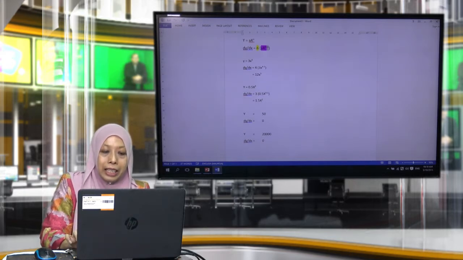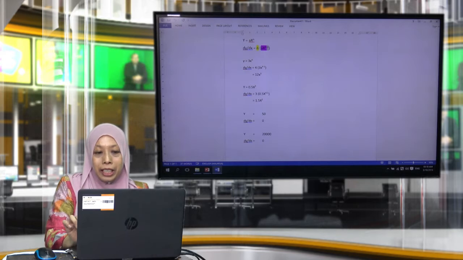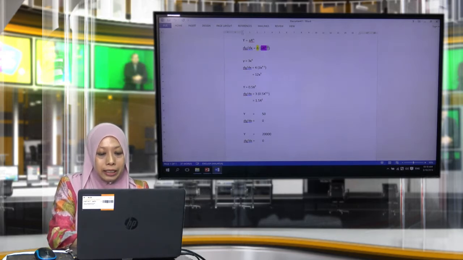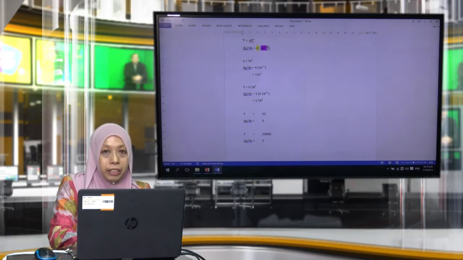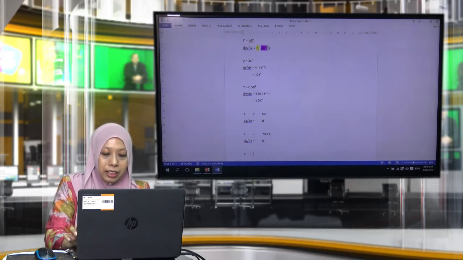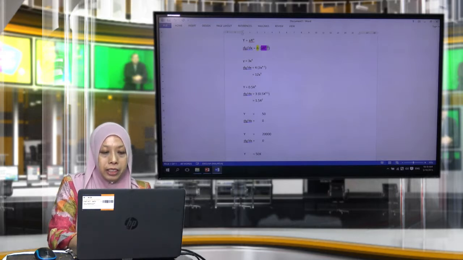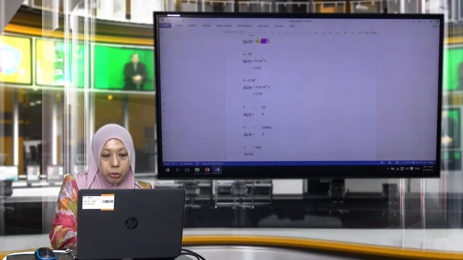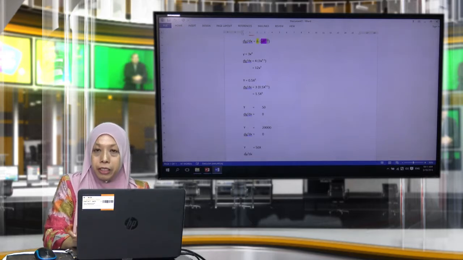Now, another thing that I would like to highlight here, even though it's not given in the rules, is if you are given a straight line function, so remember your linear function. Let's say you have y equals 50x and you want to differentiate the function.